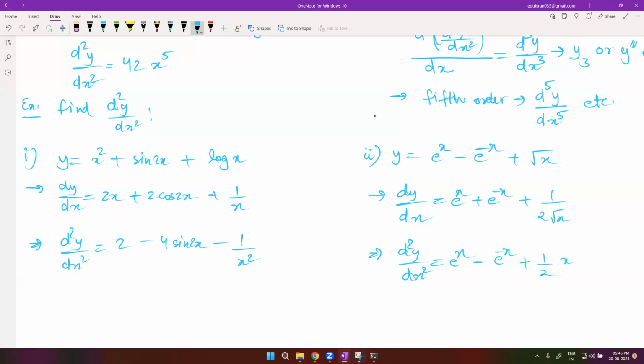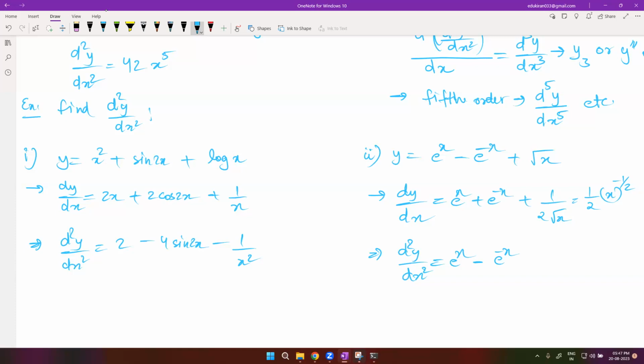1 by 2 root x, how can you write this? You can write this as 1 by 2 x to the power minus half. Is that right or not? Now tell me the final answer. We want to differentiate half x to the power minus half, 1 by 2 root x. What is the rule? This is an algebraic expression, no? Madhya, will you tell me this?